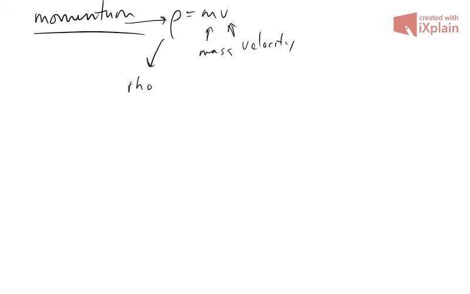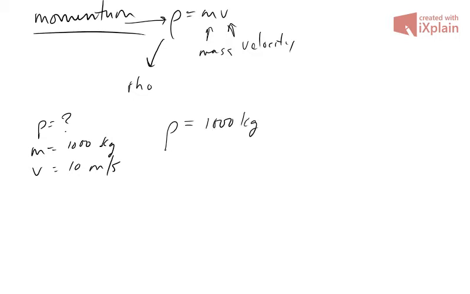So we'll say you want to know the momentum. And you have a mass of 1,000 kilograms and a velocity of 10 meters per second. Well, then you just, the mass is 1,000 kilograms times 10 meters per second.